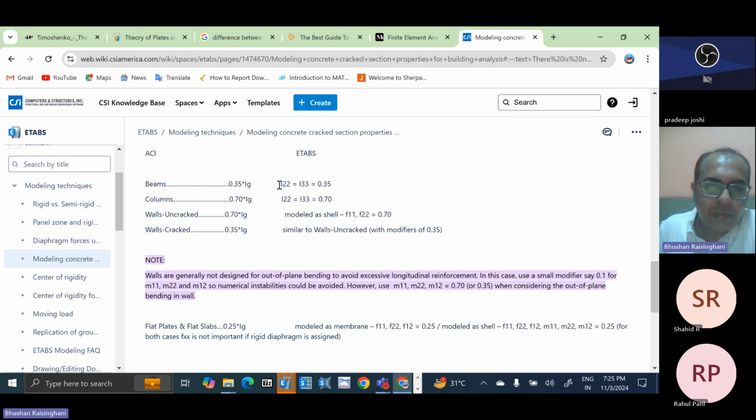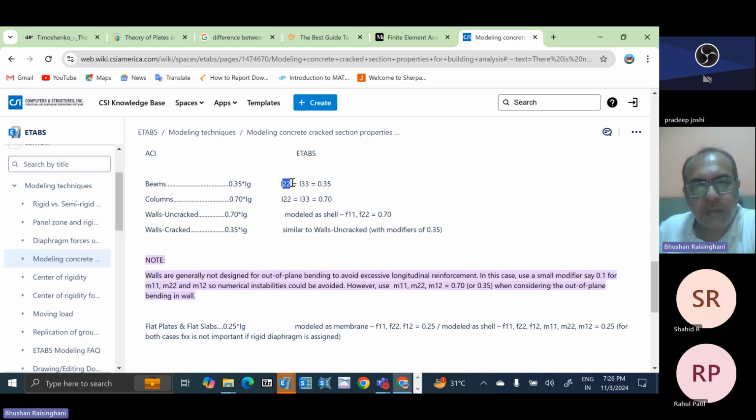Now, in this particular beam, there are 2 and 3 directions. This is local axis 2, local axis 3. So local axis 1 is the longitudinal length of the beam, which we don't give. The bending stiffness is in the X and Z direction.